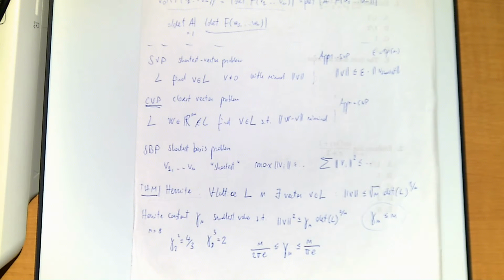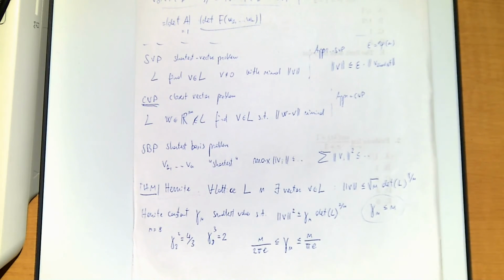So this is already giving us an idea of where the shortest vector can be in terms of size, because by Hermite's theorem there's always something below that threshold, and gamma n can be bound in this way.